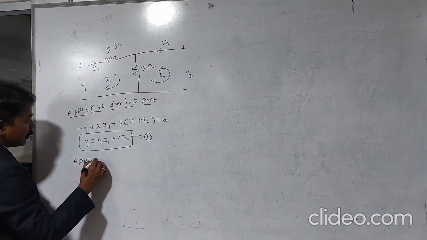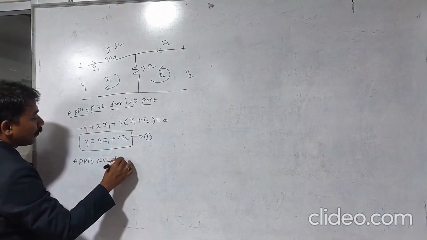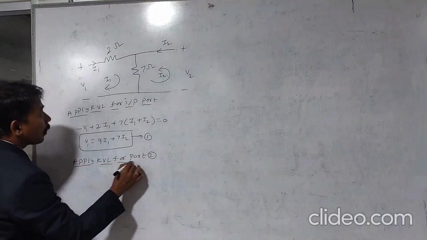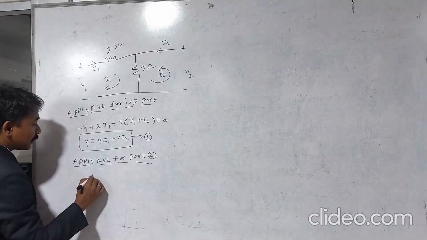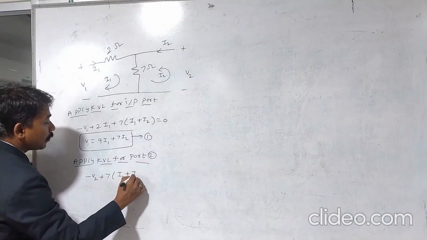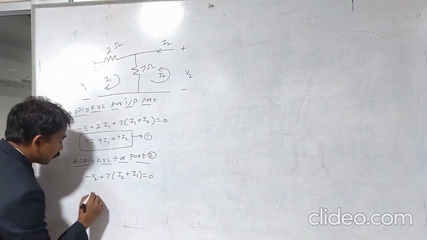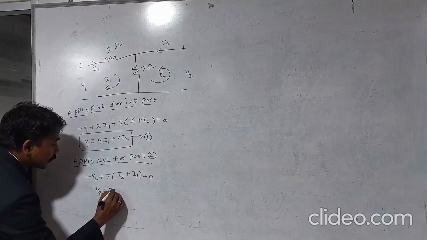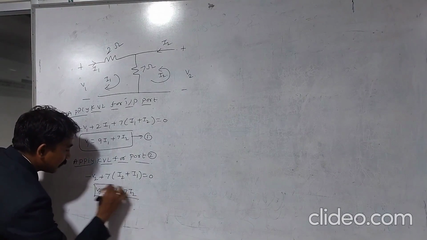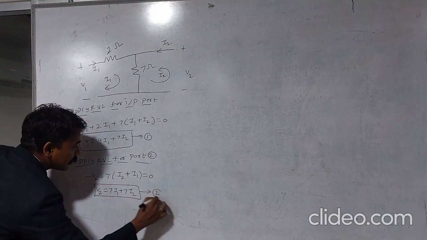Now I can go to port number 2. Minus V2 plus 7 into (I2 plus I1) equal to 0. V2 equals 7I1 plus 7I2. So these are the corresponding KVL equations of the input port as well as the output port.